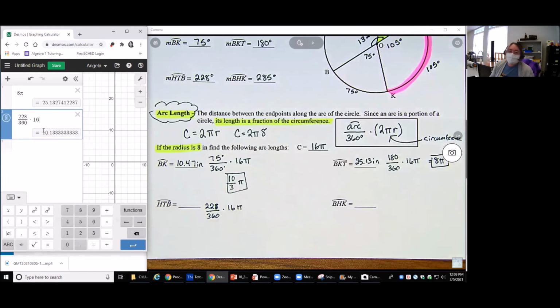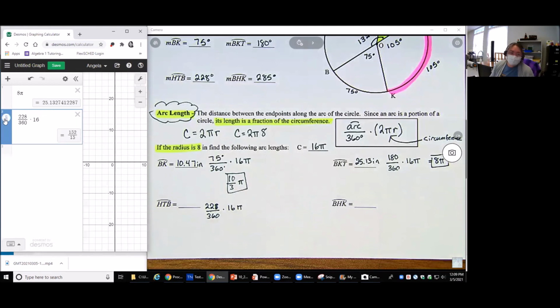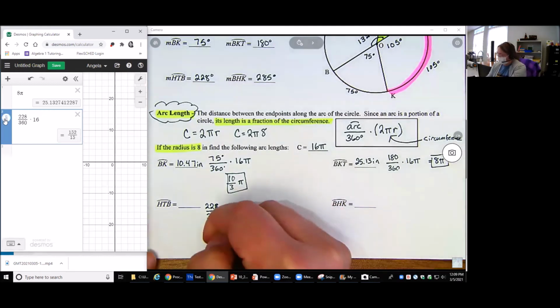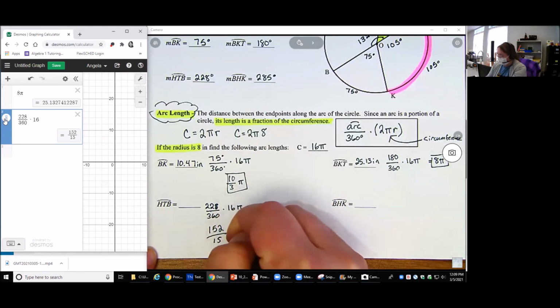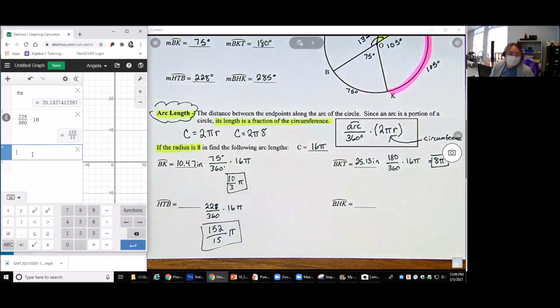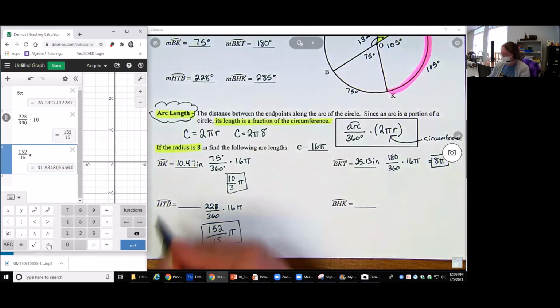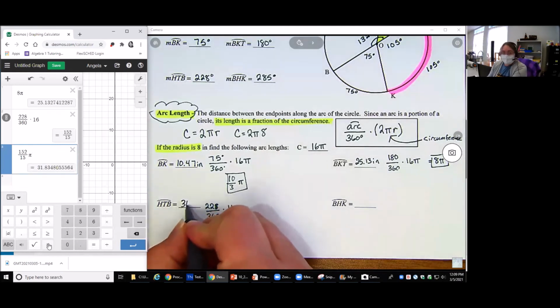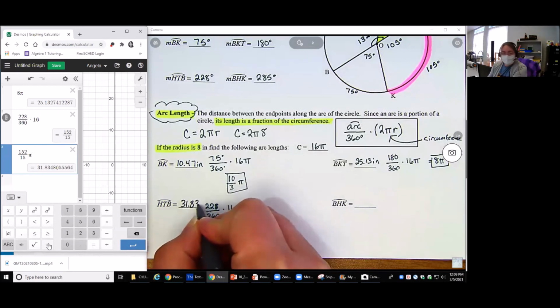Now it wants to give you a decimal, but if you push this button over here, it'll give you the fraction. So I can say that this is 152 over 15 pi, or I can take 152 divided by 15, and multiply it times pi and get an actual decimal. So 31.83 inches.